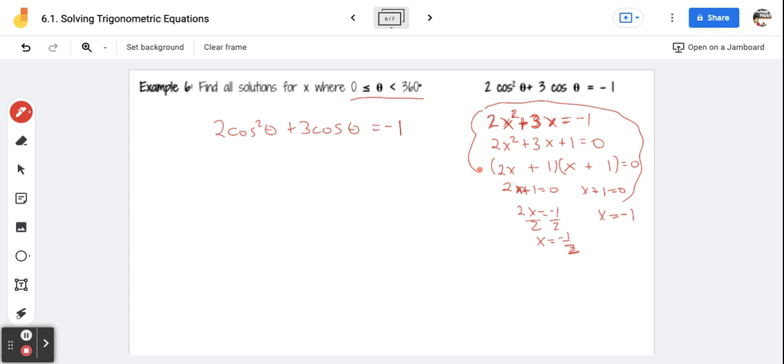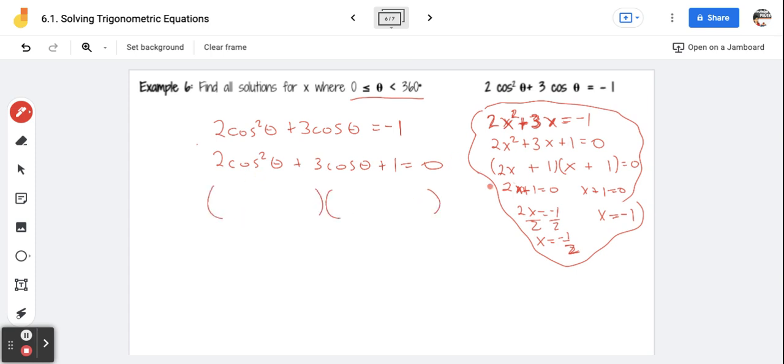Now that's the same thing we're doing over here, and I'll erase this in a second if I need the room. Let's bring the -1 over, just like we did in the bubble, to get everything on one side equal to 0. So we'll add the 1 over. We know it factors because it did here, so it's the same thing.